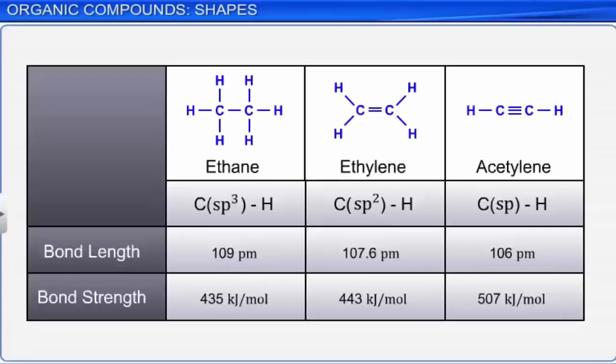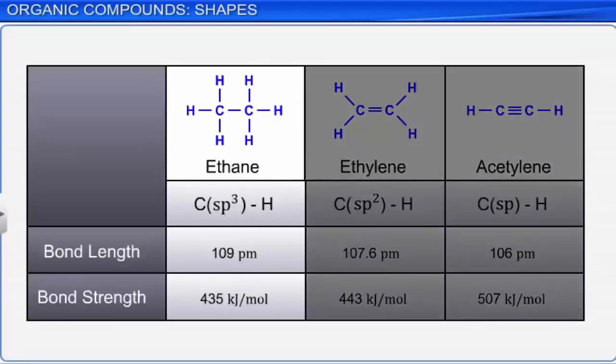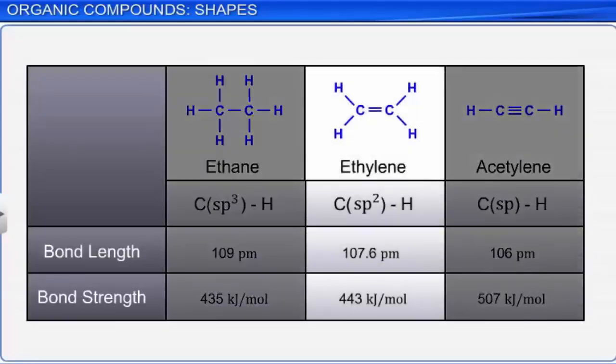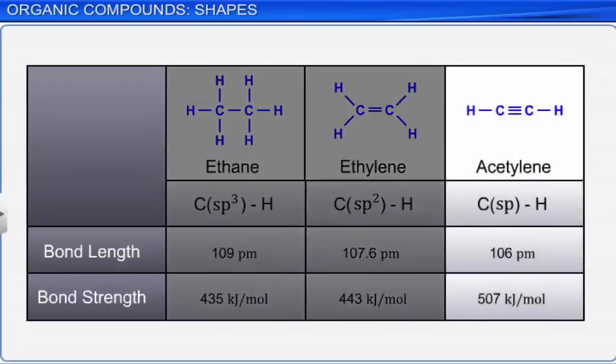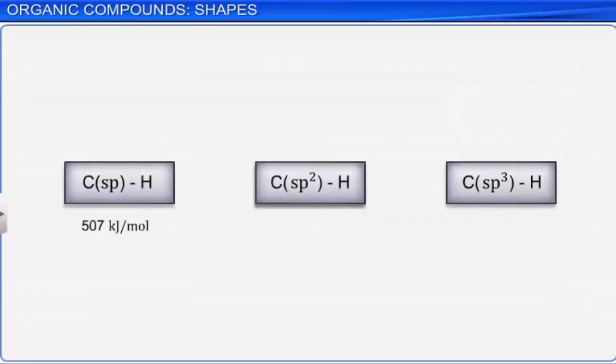Let's compare the CH bond lengths and the bond strengths in ethane, ethylene, and acetylene. Thus, bond strength of sp hybrid orbital is greater than sp2 followed by sp3 as shown here.